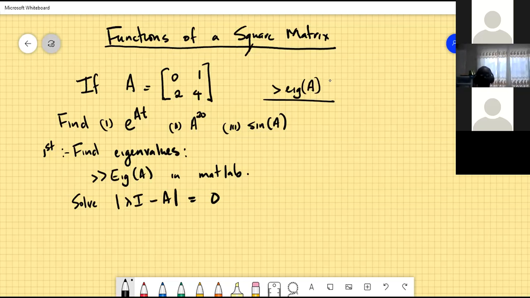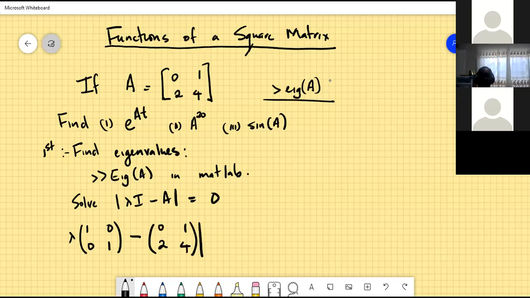That is the equation that we need to solve to determine the eigenvalues. So lambda I is a 2 by 2 matrix, so it's 1, 0, 0, 1, minus A, which is 0, 1, 2, 4.